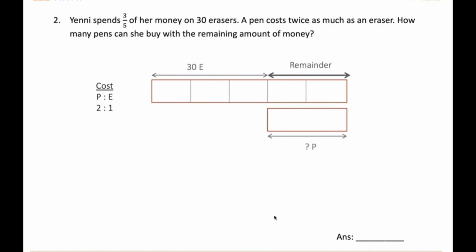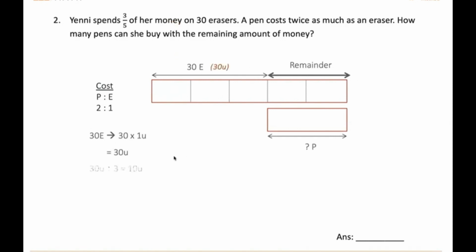How many pens? Question mark, pens. Now to know how many pens, I need to know how much is the remainder. Okay, to do that, I can start with this. 30 erasers has a value of 30 multiplied by 1 unit because this is the price of 1 eraser. Okay, now 30 units is 3 parts here.